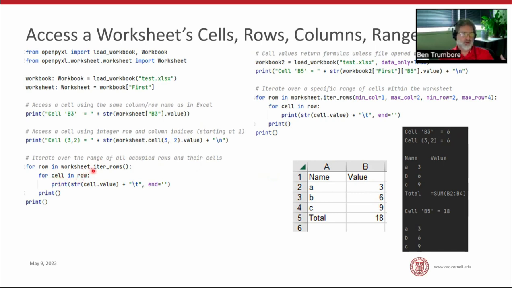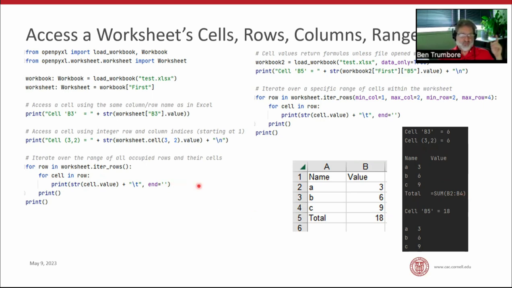So here I'm iterating over every row, and in every row, I'm iterating over every cell, and I'm printing out its value. And sure enough, it's exactly what we expected. What about down here? The Excel file shows 18, but what we're getting here as the value is the expression that was stored there, which isn't really what I thought I would get.